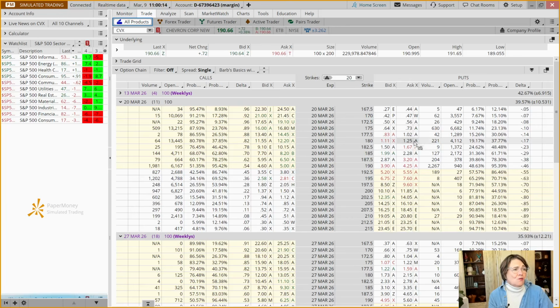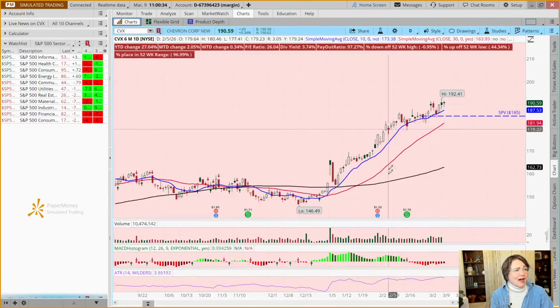Now, what's the risk here? Well, the risk is that if it does come down more than $5.60 and we're in the money, that doesn't give us much time to recover. But on an average day, this trades heavily, 8 million, 7 million shares.